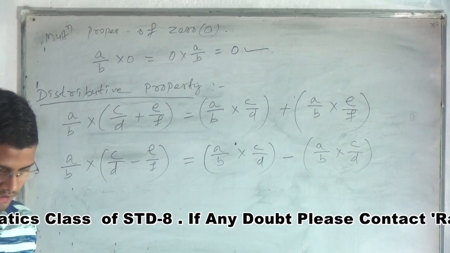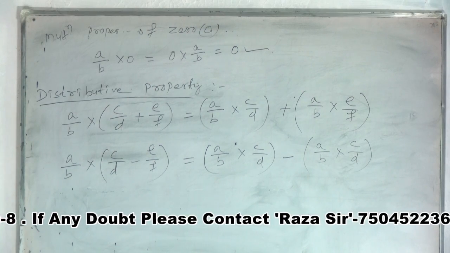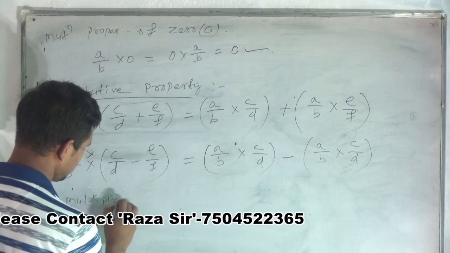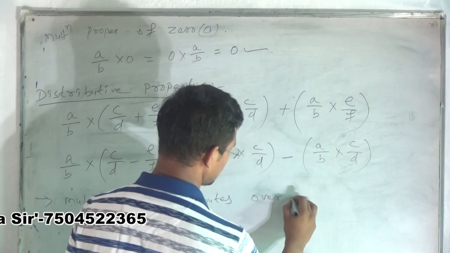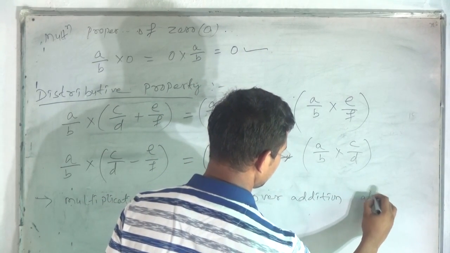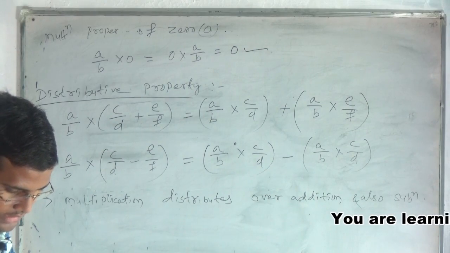That means multiplication distributes over addition, and also subtraction. Those are the properties of rational numbers.